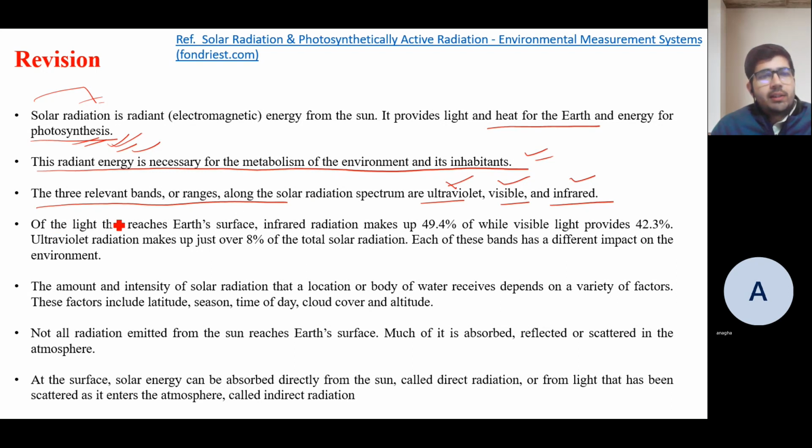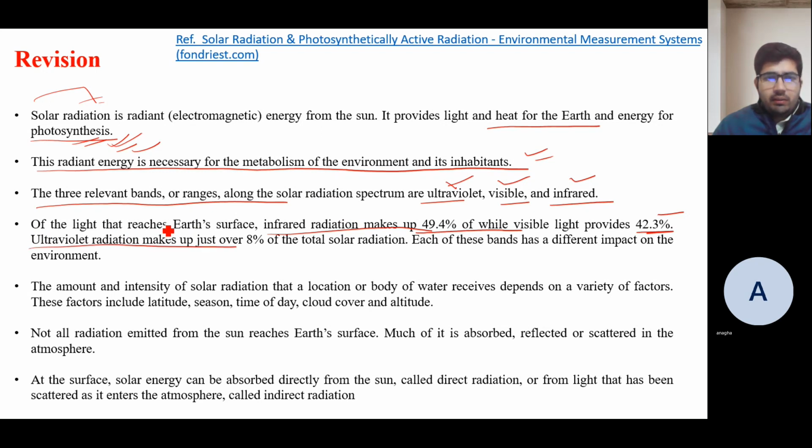Of the light that reaches Earth's surface, infrared radiation makes up 49%, while visible light provides 42.3%. So you can say the major portion at the surface is from infrared radiation. It's around 49.4%, visible light is around 42.3%, and the remaining around 8% is ultraviolet radiation.